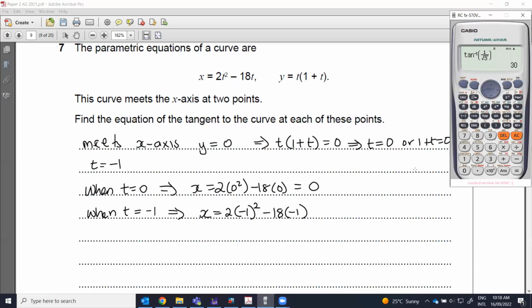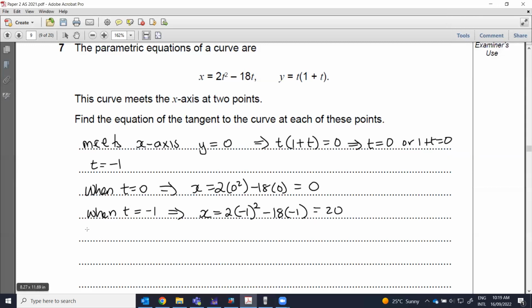So here you will type it in exactly as I have it on the calculator. So 2 open brackets minus 1 close brackets, and then you square, then minus 18 open brackets minus 1. Okay, so this gives us 20.